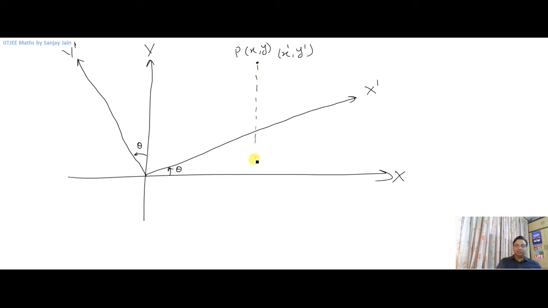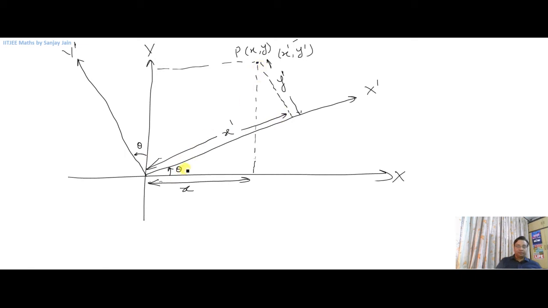So this was the length x, and this was small y, right? And in terms of new coordinates, this was y dash, and this length was x dash, right?